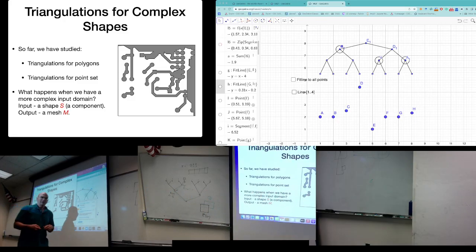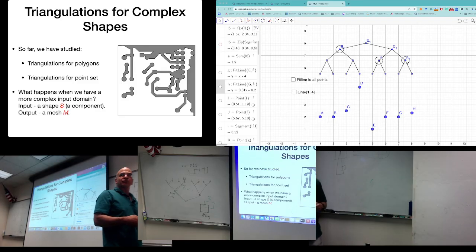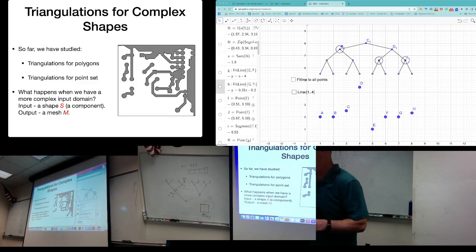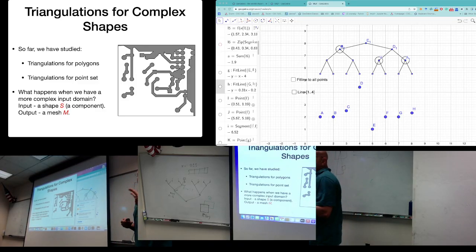We had the Delaunay triangulation as a way to triangulate a point set. And by the way, the algorithm that I showed you about the triangulation of point sets, adding the points one by one, is a great triangulation in practice, even if you are not insisting on Delaunay.